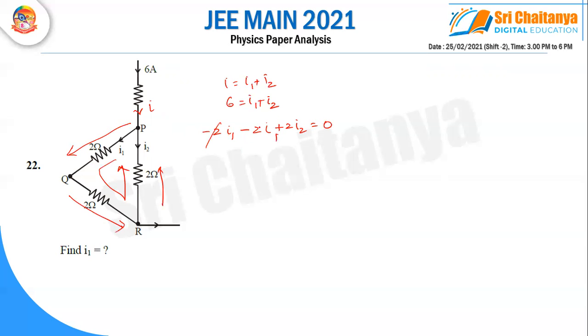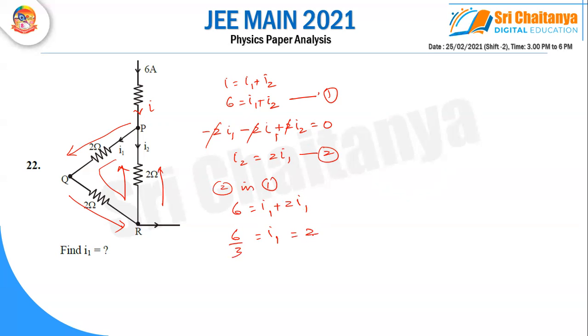I get I2 is equal to 2 I1. Now I substitute this particular value, substituting 2 in 1: 6 is equal to I1 plus 2 I1. So I1 will be 6 by 3, and this will be equal to 2 amperes. Next problem, please.